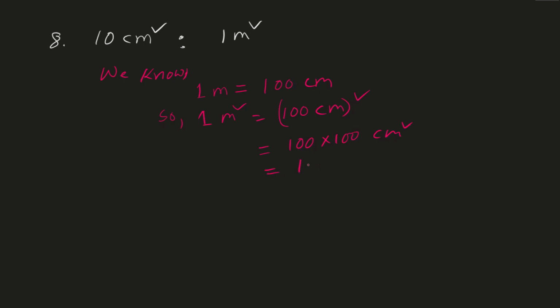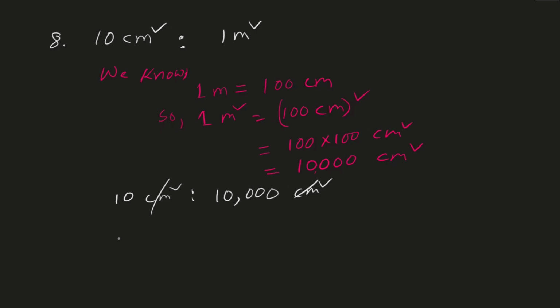So 100 times 100 is 10,000 square centimeter. Now we can write 10 cm square is to 10,000 cm square.